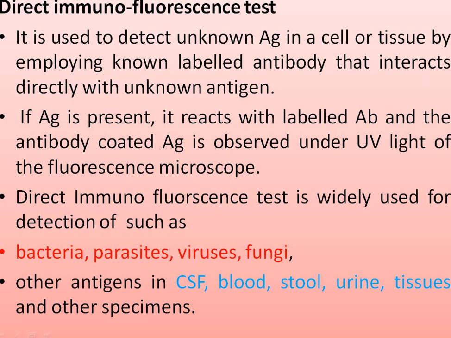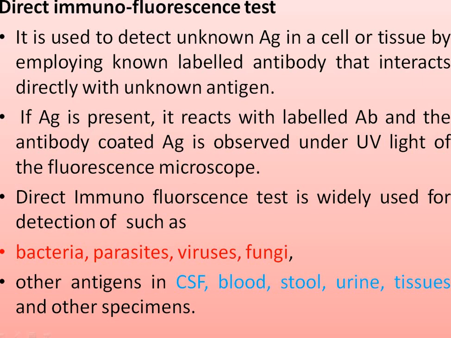The first one, the direct immunofluorescence test. It is used to detect antigen in a cell or tissue by employing a known labeled antibody that interacts directly with the unknown antigen. If antigen is present, it reacts with the labeled antibody, and the antibody-coated antigen is observed under the UV light of the fluorescence microscope.